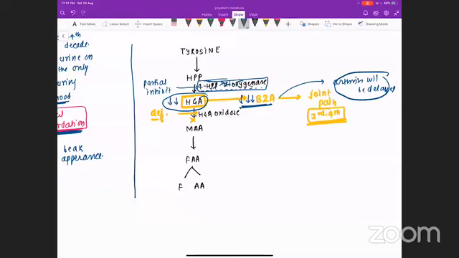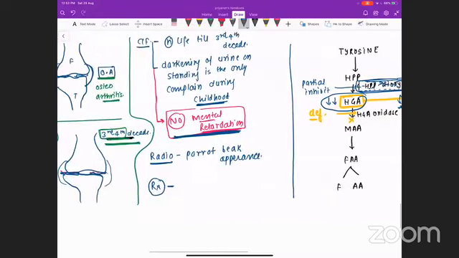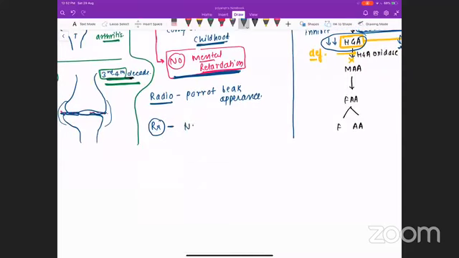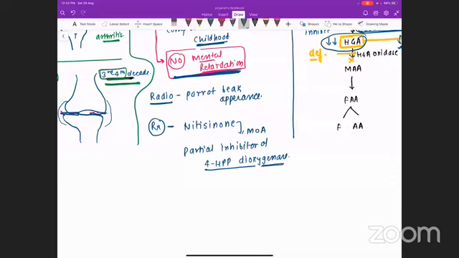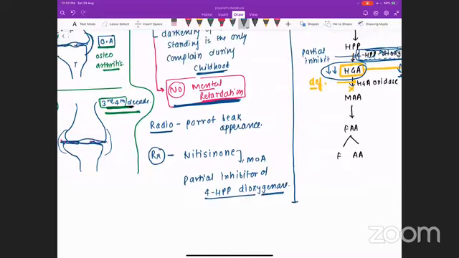So we give a drug that will inhibit this enzyme partially. The name of this drug is nitisinone. So the mechanism of action of nitisinone is that it is a partial inhibitor of 4-HPP dioxygenase. Nitisinone is going to treat the condition.